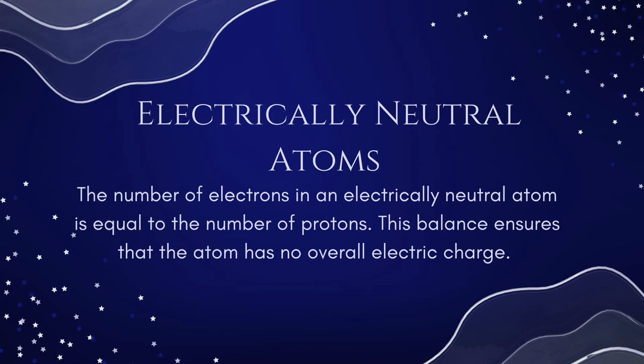So an example for this is when a hydrogen atom has one proton and one electron. So since the number of positive and negative charges is equal, the atom is electrically neutral. Because the positive and negative charges cancel each other out, it remains neutral.